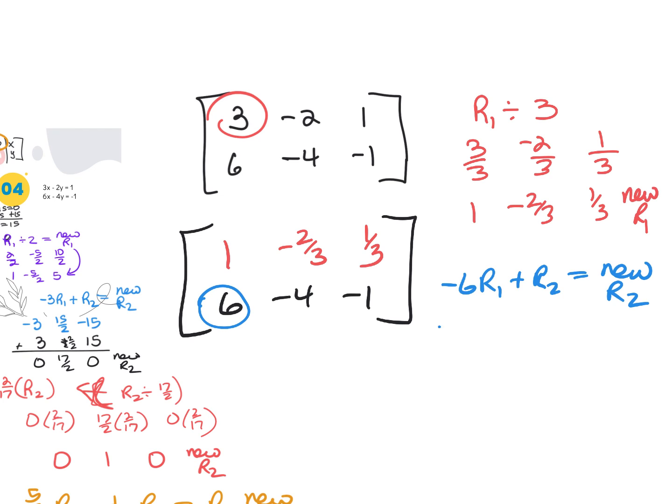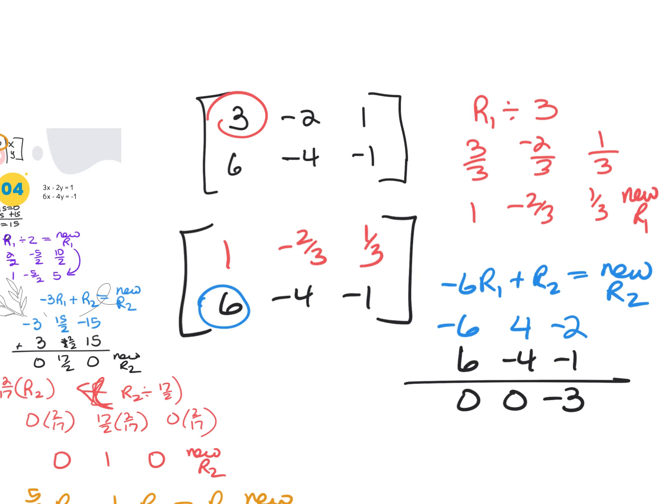So once I distribute a -6 to each one of row 1, I end up with -6, +4, -2. I'm adding that to the current row 2. And I get 0, 0, -3.